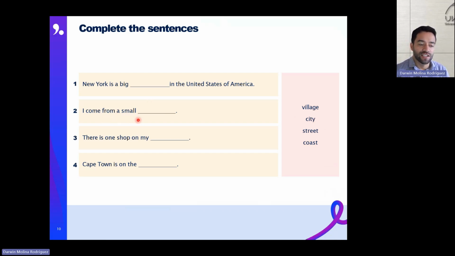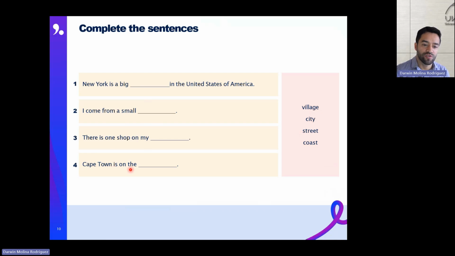I come from a small village. All right. There is one shop on my street. Hay una pequeña tienda, hay una tienda en mi calle, on my street.